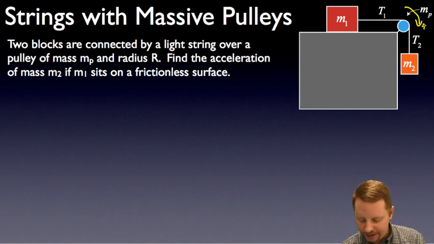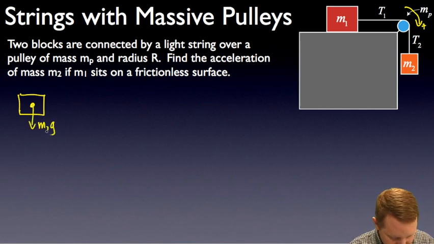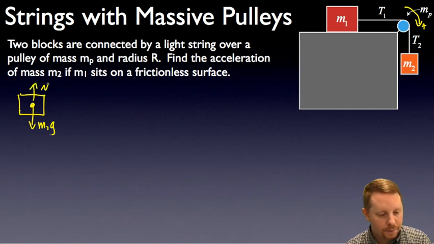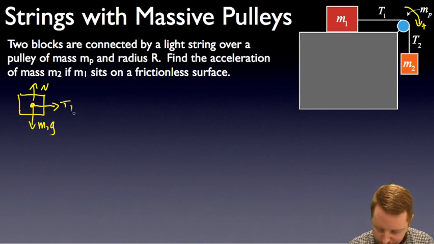All right, a problem like this, there are a bunch of ways to solve it, but I'm always a big fan of starting with free body diagrams and then going to Newton's laws. Usually a good place to start. So let's start by looking over here at mass 1, m1. If I were to draw a free body diagram for that, there's mass 1, there's its center of mass, we have its weight, m1g, down, we have the normal force, up, and we have T1, tension 1, pulling to the right.